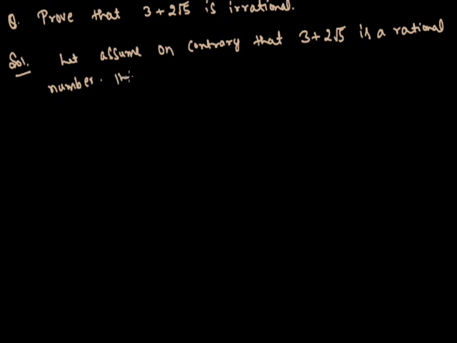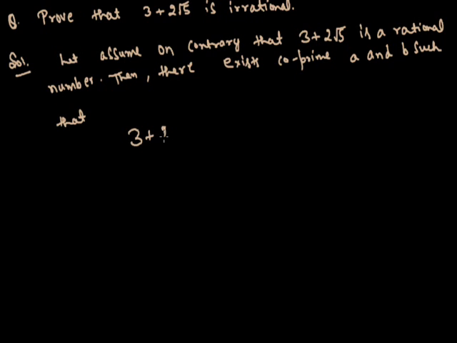Then there exist coprime a and b such that 3 plus 2 root 5 is equal to a upon b.